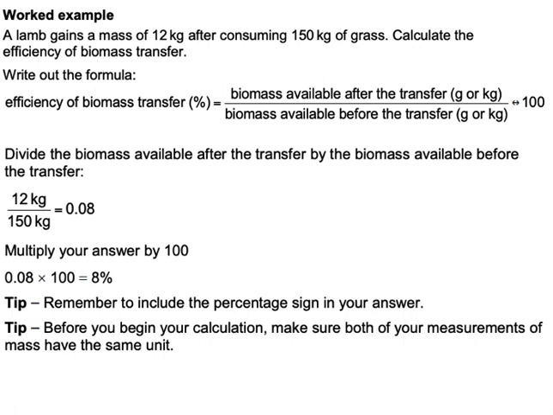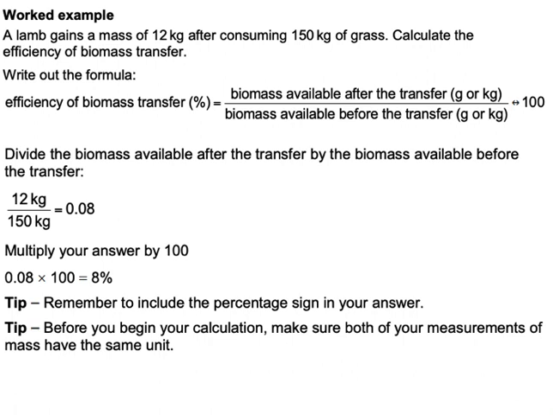So first of all, we write out the formula. Efficiency of biomass equals the biomass after the transfer divided by the biomass available before the transfer times by 100. So 12 kilograms divided by 150 kilograms equals 0.08. Multiply your answer by 100, and of course therefore we get 8%.